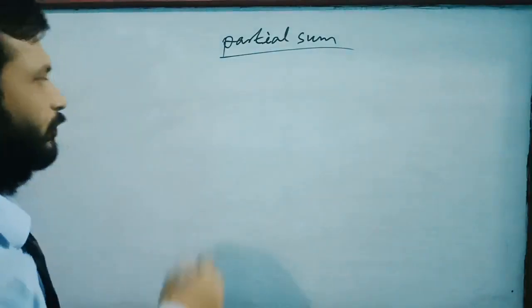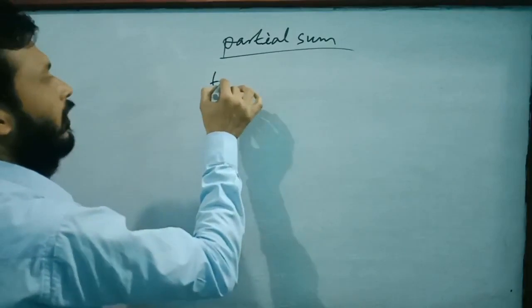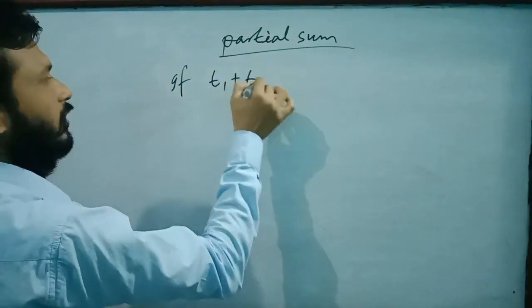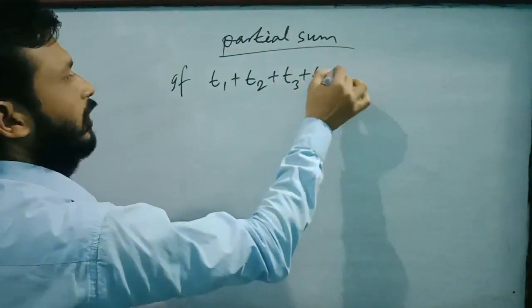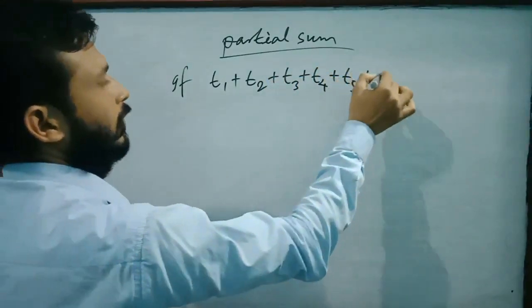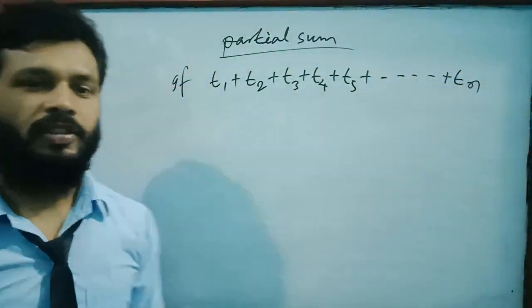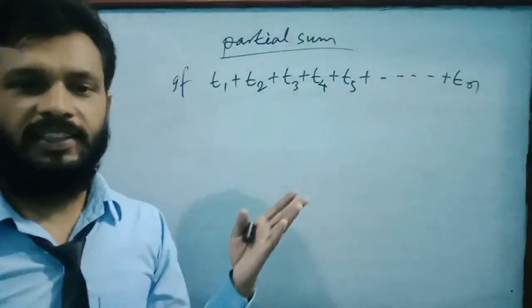Okay, suppose we have T1, T2, T3, T4 plus T5 up to Tn. Understood? Be a sequence or series.